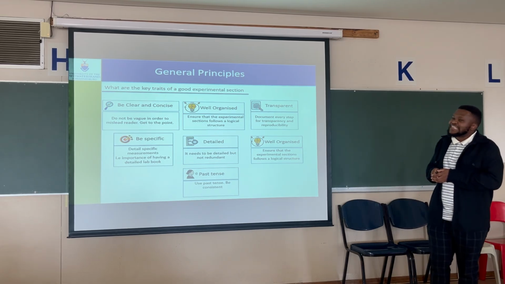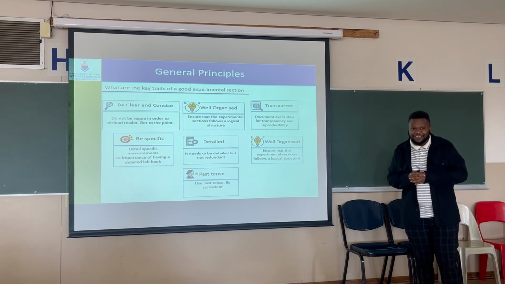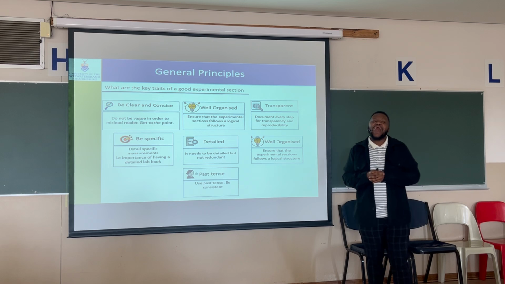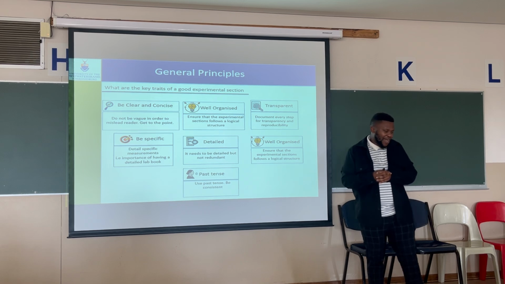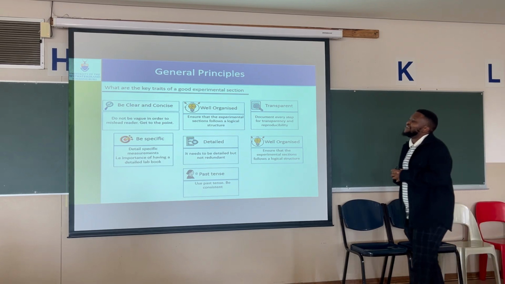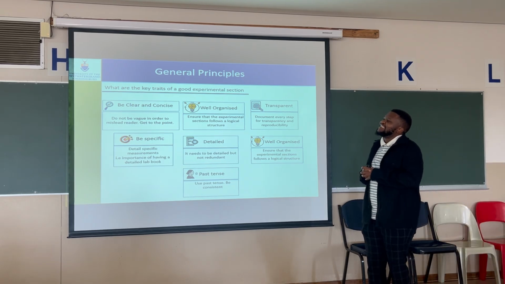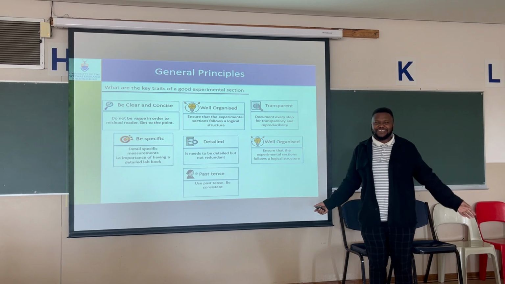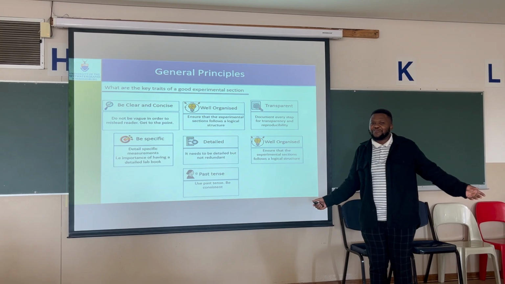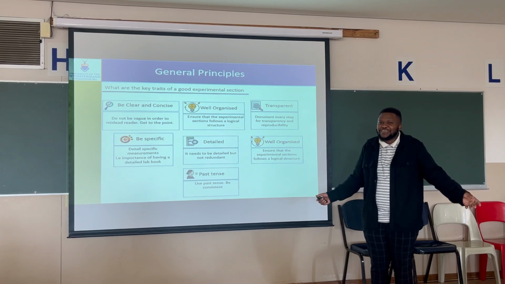Okay, so another thing is that you need to be specific. It needs to be super, super specific. If you're adding a specific amount of copper chloride, you can't say, I've added some copper chloride into the reaction. I'm like, what did you add? 0.1 milligrams, 0.1 microliters, what is in that thing?